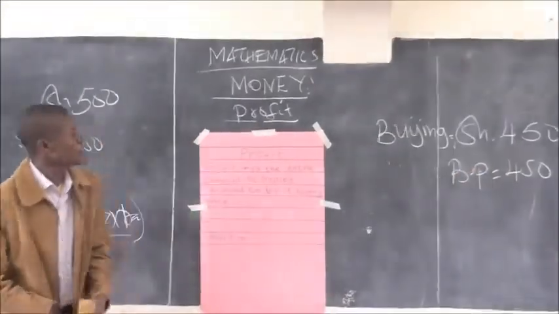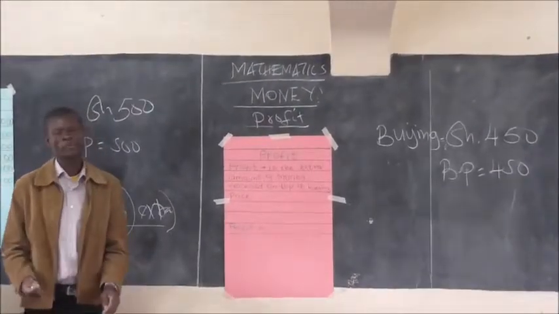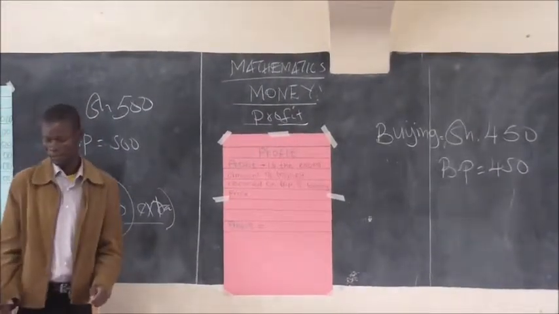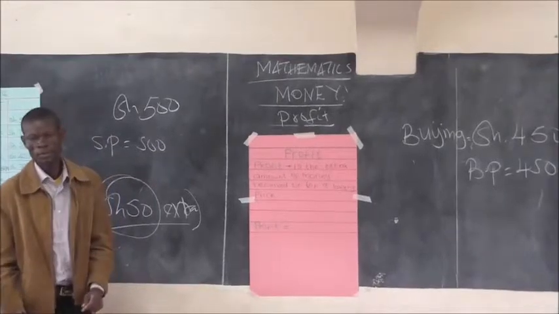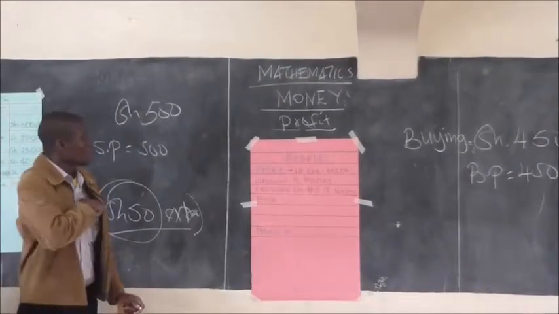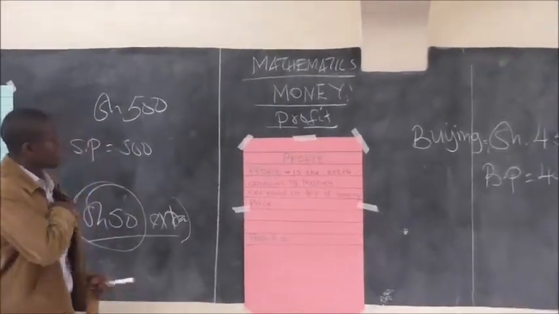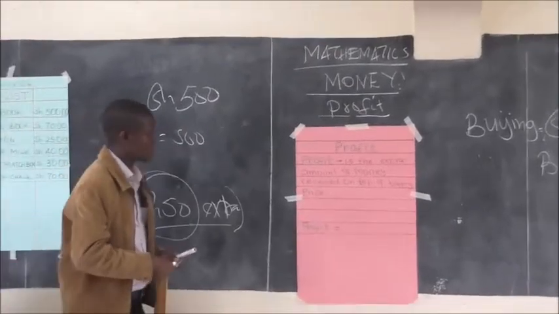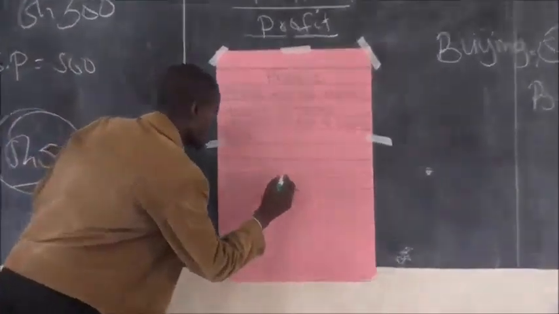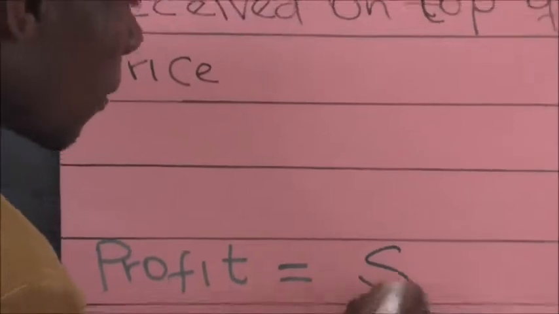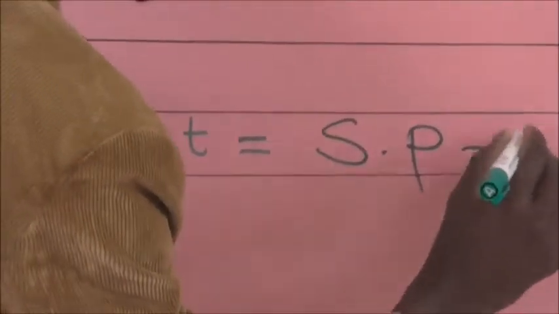Now, who can tell me the formula for working out the profit in this case from what you learned? Good. Now we can say that if you want to get the profit, then you're supposed to take away the buying price from the selling price.